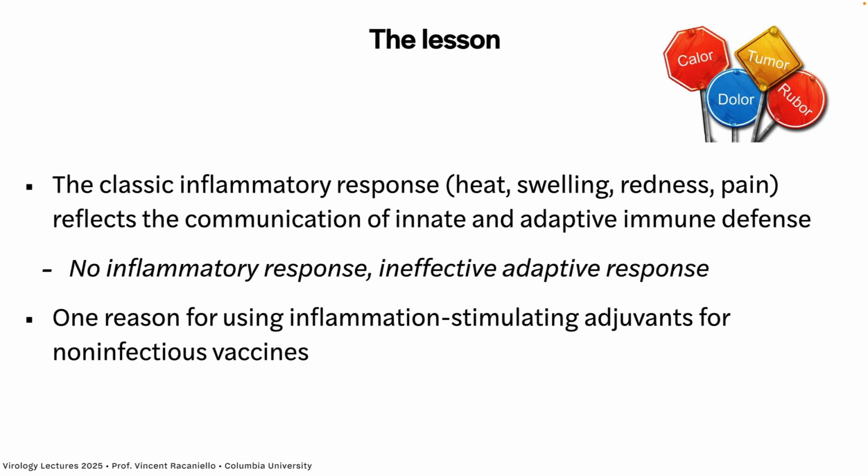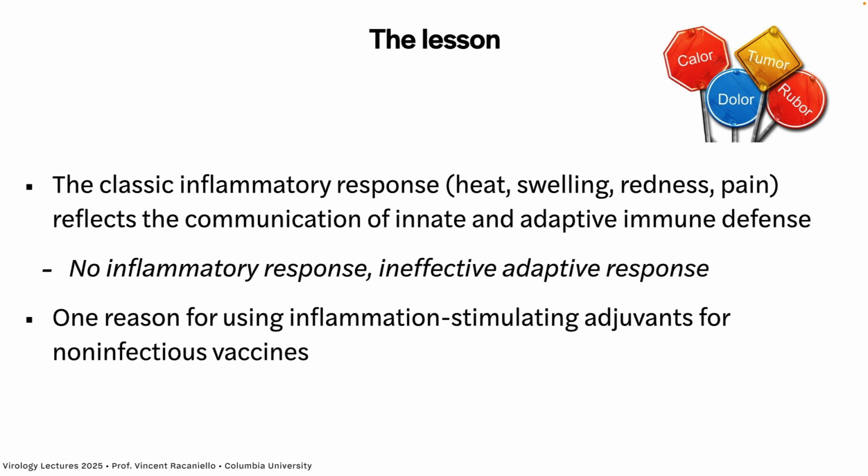The classic inflammatory response, this thing, heat, redness, swelling, pain, is telling you that the innate and the adaptive responses are communicating. If there's no inflammation, they're not communicating. No inflammation would be in a virus that does not kill cells. So you're going to get a bad adaptive response, which means not good antibodies and T cells, and you're likely to have a persistent infection.